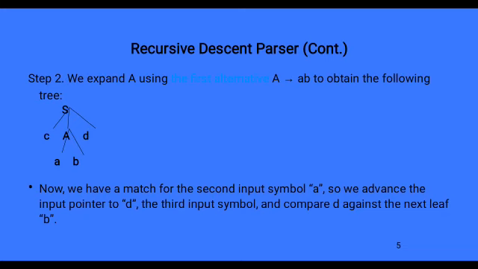Now we have a match for the second input symbol, that is a. So we point to d and the third input symbol, and compare d against the next leaf, that is b. Like this you have to continue until you get the input string as the result.